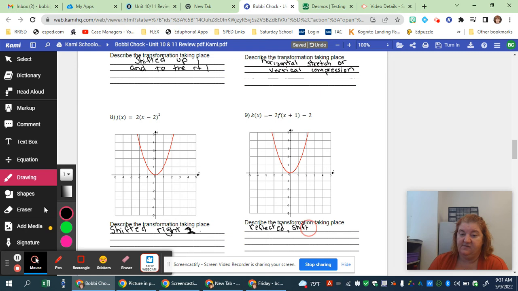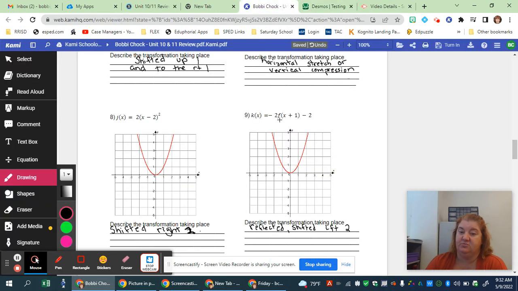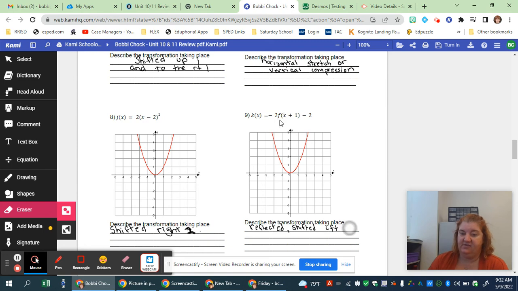Shifted left. Was it 2? I think so. My old memory. No, left 1 and down 2. Okay, so we'll correct that. Left 1 and down 2.